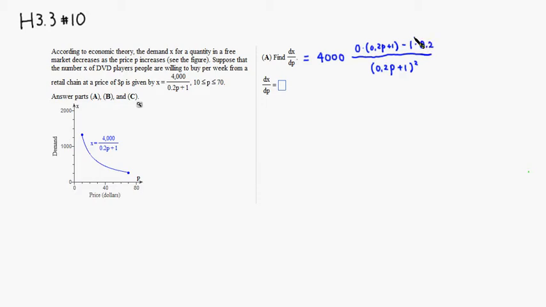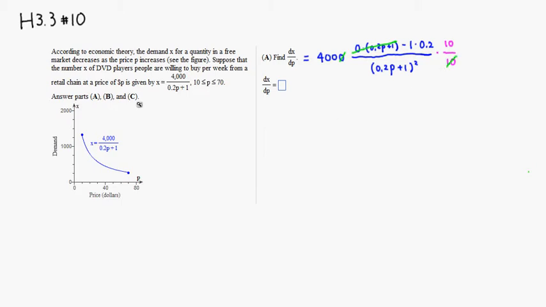This 0 times anything is 0, so I'll scratch that out. Then I don't want to have a decimal number, so I'm going to multiply top and bottom by 10. That way you can see I can scratch one of the zeros and the 10 on the bottom.